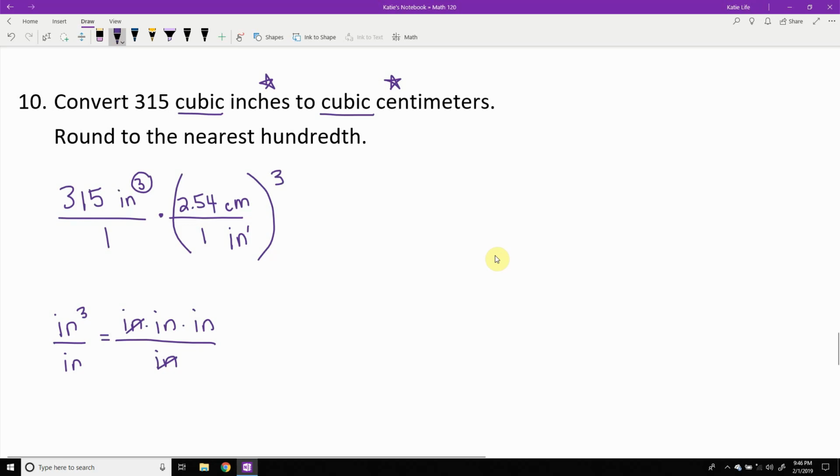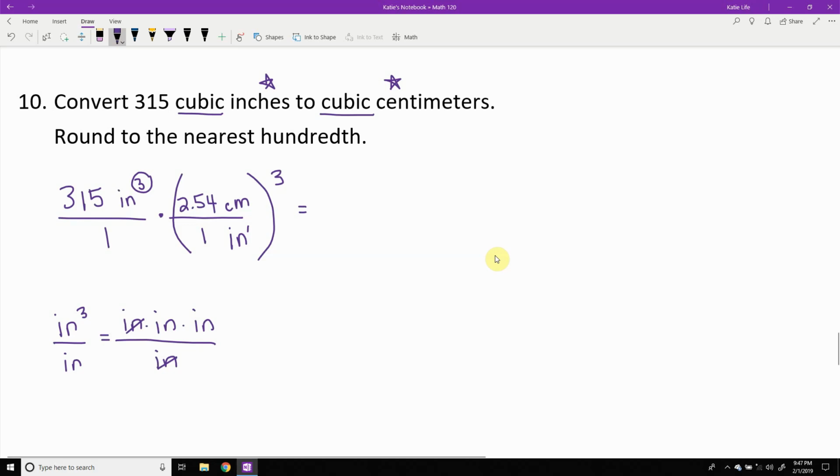Because this is a statement of equality. 2.54 centimeters is equal to 1 inch, right? This is not just multiplying by 2.54. This whole statement here is a statement of equality. This value is essentially 1, right? Because these two quantities are the same. So if I want to cancel out this inches cubed unit here, I really need to cube this whole thing.